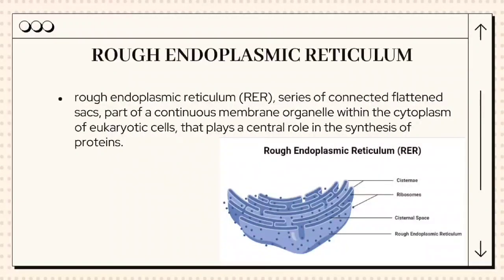And then rough endoplasmic reticulum, RER, a series of flattened parts of continuous membrane organelle within the cytoplasm of eukaryotic cells. It plays a central role in the synthesis of proteins.